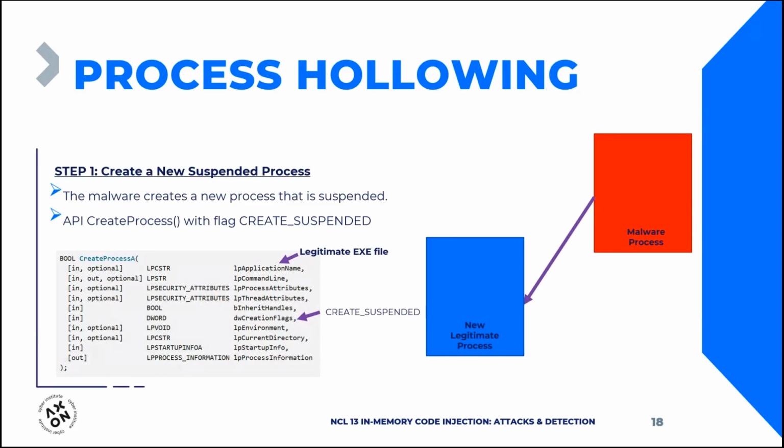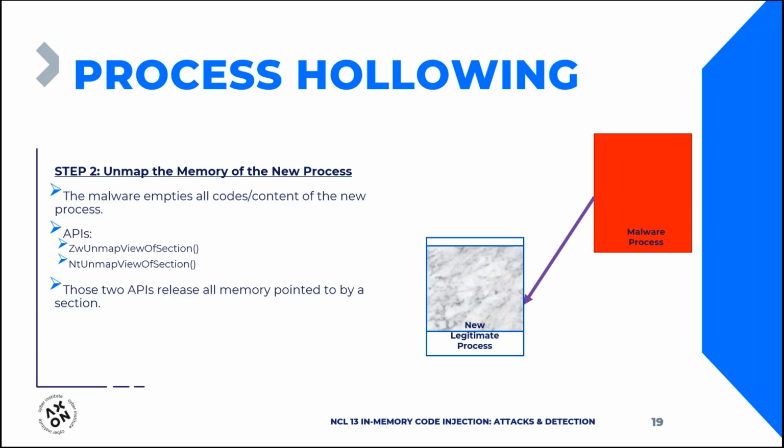Once I have that process in a suspended state in memory, I need to do something called unmapping. I need to unmap the memory of the new process. There are APIs for that, like UnmapViewOfSection, that will simply empty the content of that memory section inside the target process.